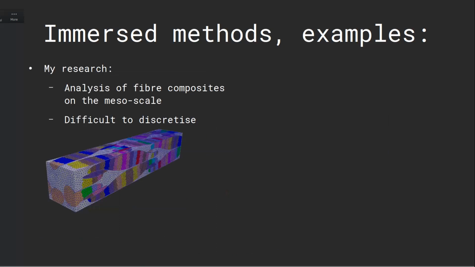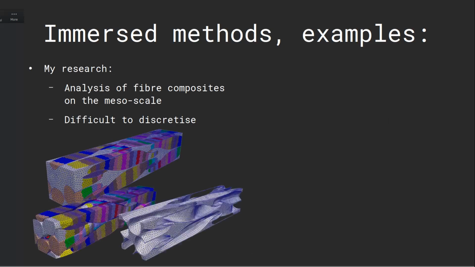Okay, so in my research, I want to model the meso-scale of fiber composites, and typically the meso-scale of fiber composites has quite a complex geometry. So it's quite difficult to obtain a good quality FE mesh for that.